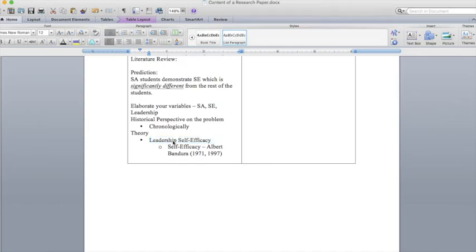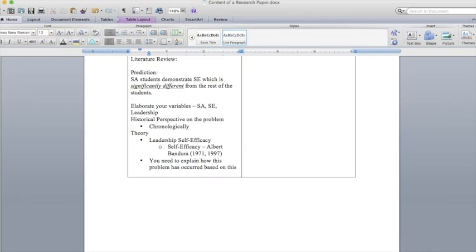And in relation to the theory, you have to also explain how this problem must have occurred and how it could be solved, right? So when you explain theory, first thing that you need to do is explain how this problem has occurred based on this theory, okay?